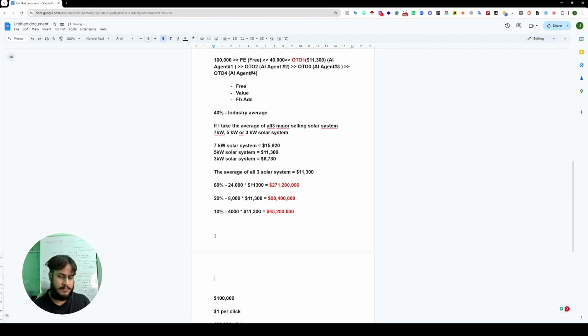Front end, AI Agent 1, which stands for OTO1, AI Agent 2, which stands for OTO2, AI Agent 3, which stands for OTO3, AI Agent 4, which stands for OTO4, and a way to send targeted traffic, which we know is FB ads.